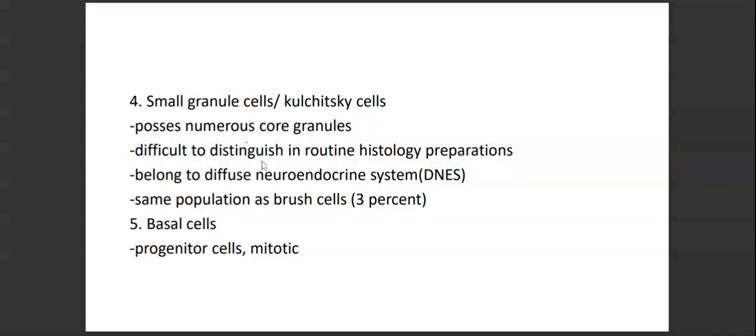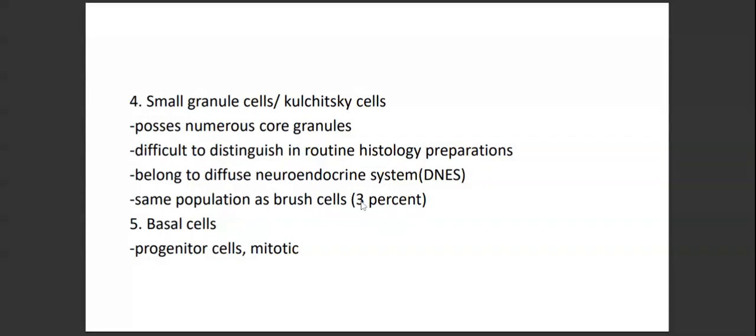These granule cells belong to what we call the diffuse neuroendocrine system. That means they are endocrine cells. I don't know which hormones they produce, but just know that they are endocrine cells. They are of the same population as the brush cells.